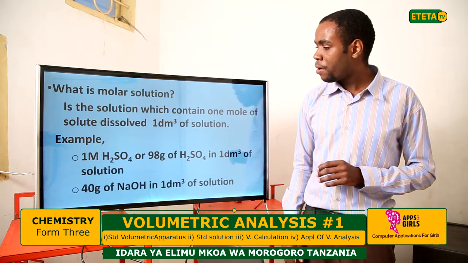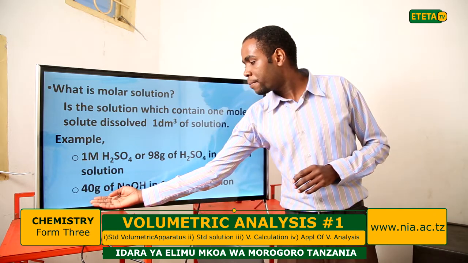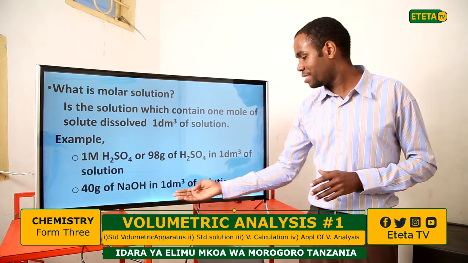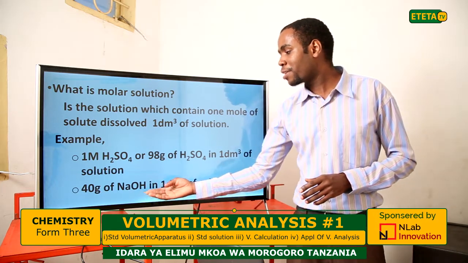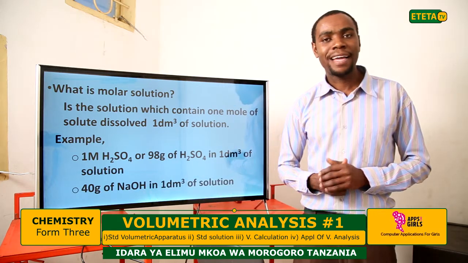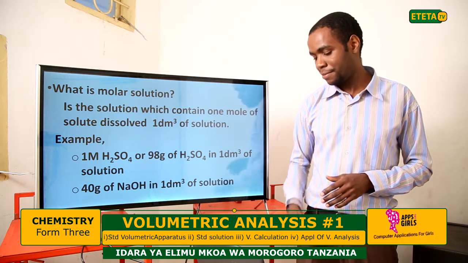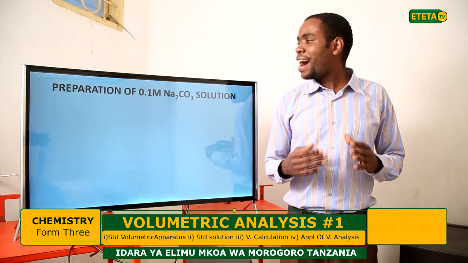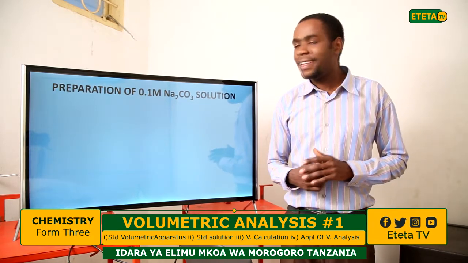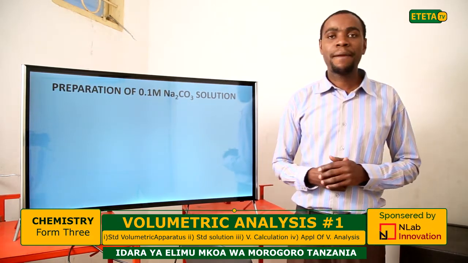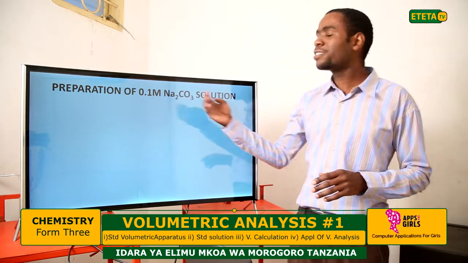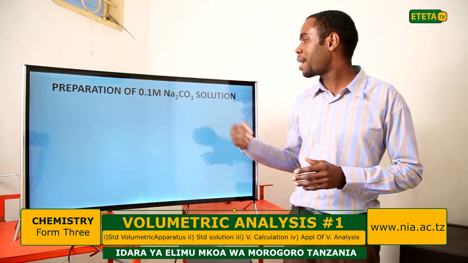Another example, when we dissolve 40 grams of sodium hydroxide in 1 decimeter cube, this is also a molar solution of sodium hydroxide. Okay, now how to prepare a standard solution of different compounds? Now let us look at the preparation of 0.1 molarity of sodium carbonate solution.